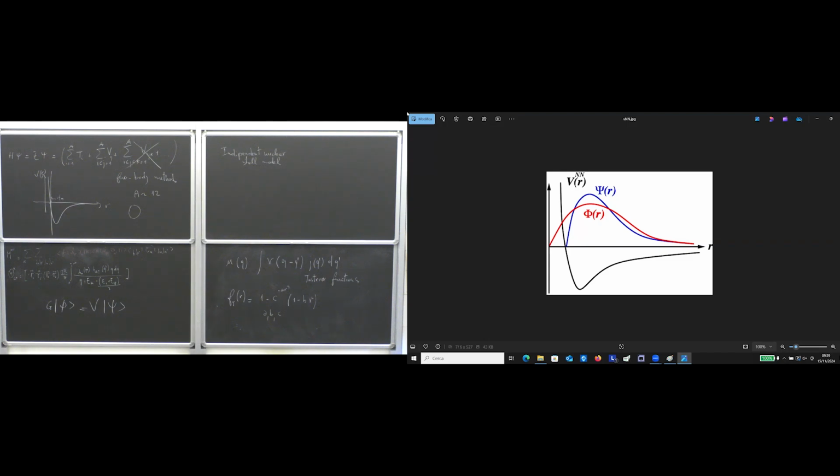Yeah. But I want to point out another thing: most of the calculations take this into account, but they don't start from this realistic potential in the construction of the nuclear Hamiltonian.